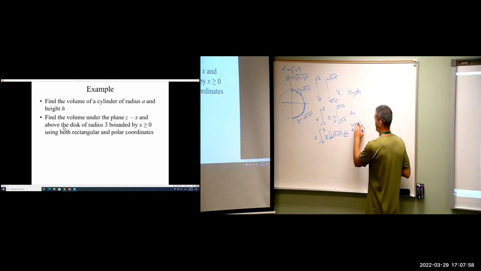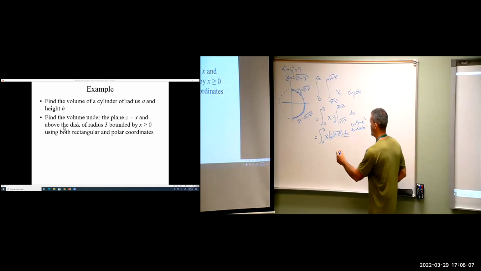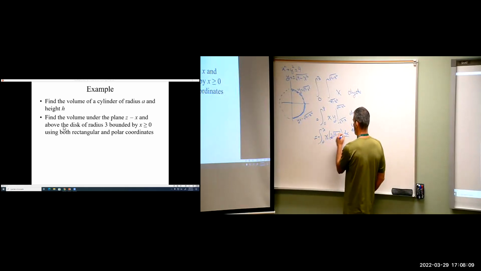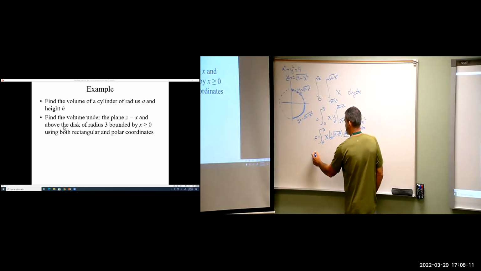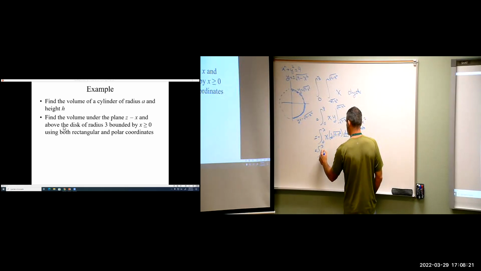Actually, let's have u be 9 minus x squared. Might as well get that all in there, which will bring in a negative, not a big deal. So we do need a negative. So now we have a negative 2x dx. So we have negative the integral from 0 to 3 of square root of u. So u to the 1/2 du.